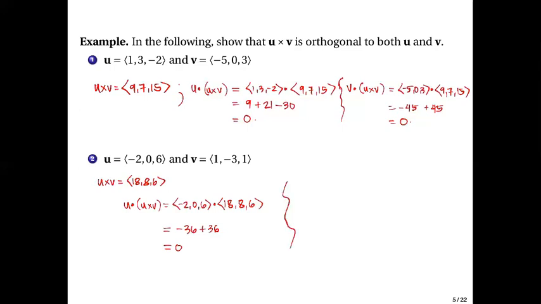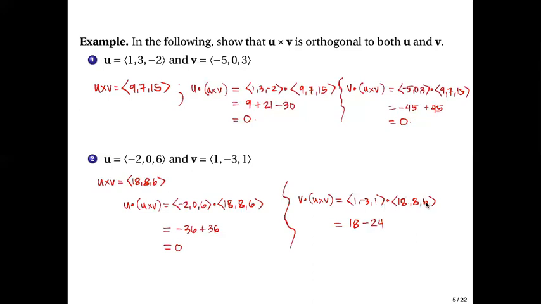And then for the other one, you have V dot U cross V. Our V is 1, negative 3, 1. Then dot it with 18, 8, 6. Here you get 1 times 18, that's 18. Negative 3 times 8, that's negative 24.